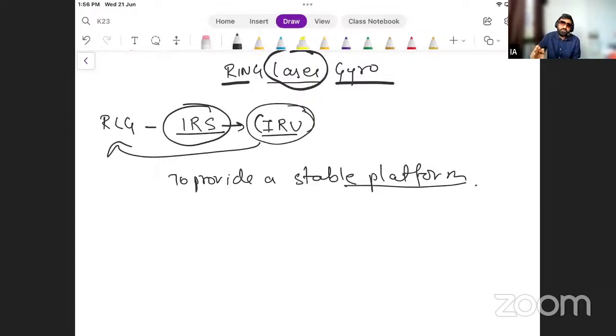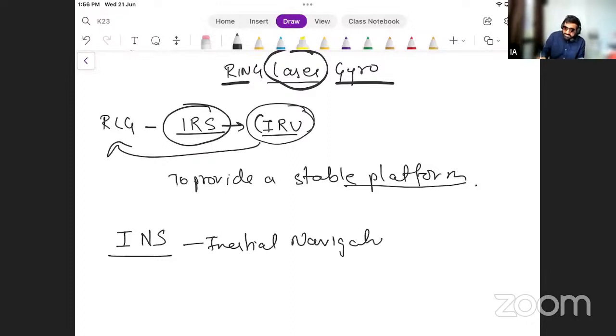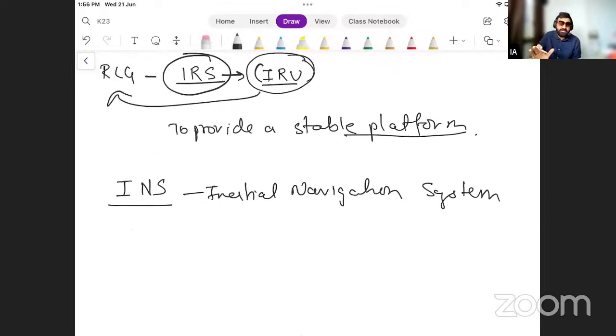But before we go to inertial reference systems, we need to know what these inertial systems are. So it all started with the Inertial Navigation System, INS. Now, Inertial Navigation System simply means a self-contained system that is independent of any external input.